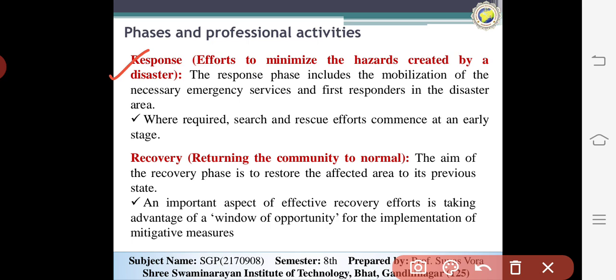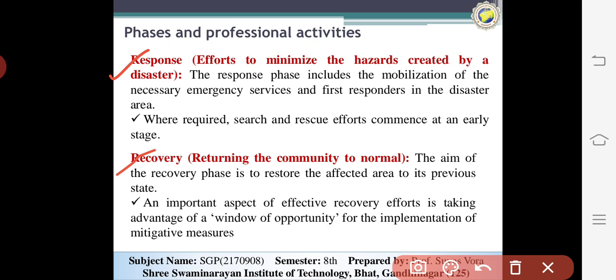Now the next one is the recovery phase. Here the recovery phase is about returning the community to normal. The aim of the recovery phase is to restore the affected area to its previous state. An important aspect of effective recovery efforts is taking advantage of the window of opportunity for the implementation of mitigation measures.